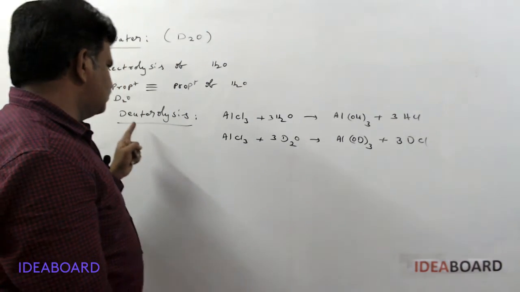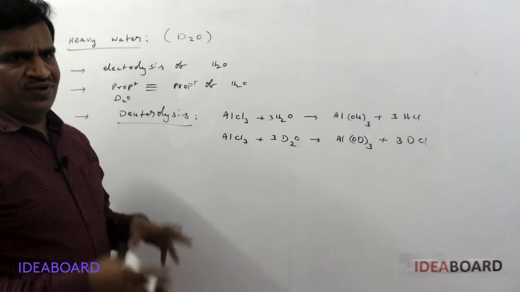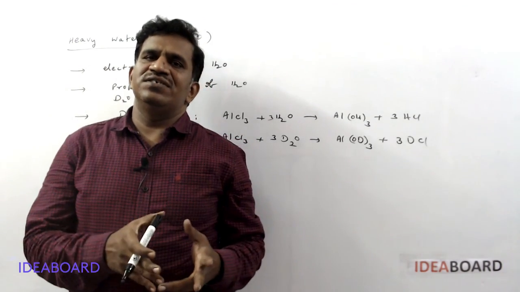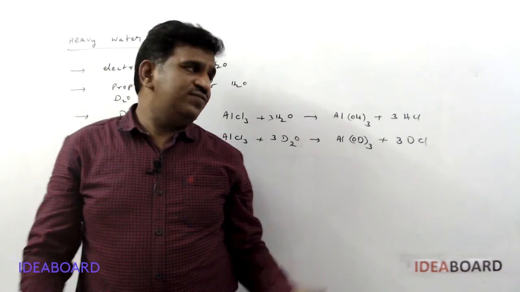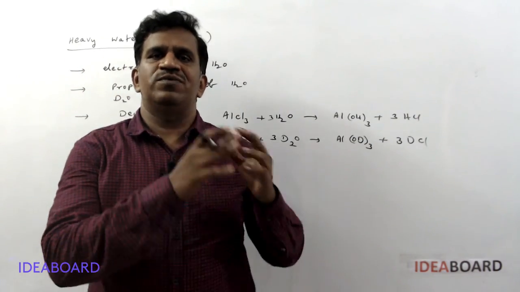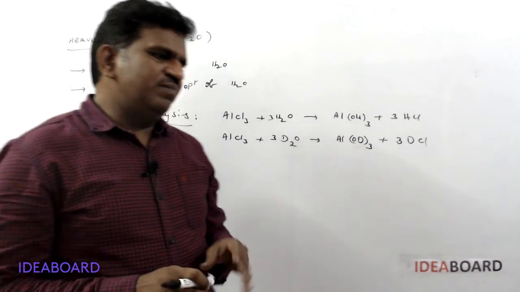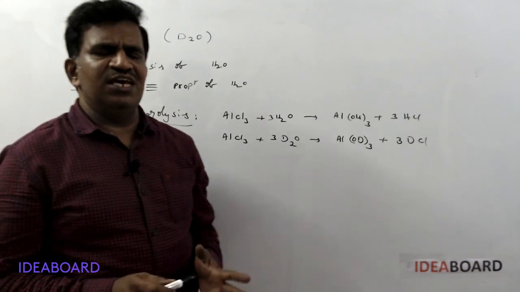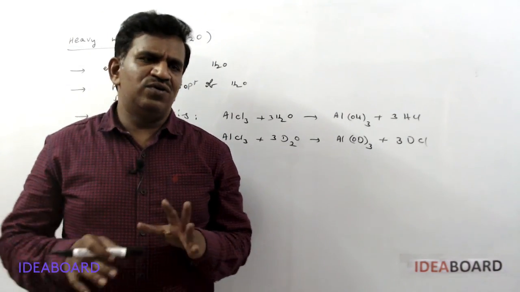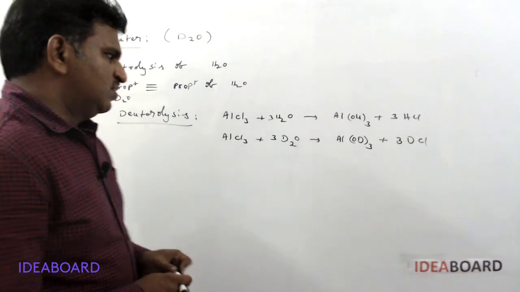This is called a deuterolysis process. When salts are reacting with water, it is called hydrolysis. When salts are reacting with heavy water, it is called the deuterolysis process. And all remaining properties are the same for ordinary water and heavy water, no change. Okay.